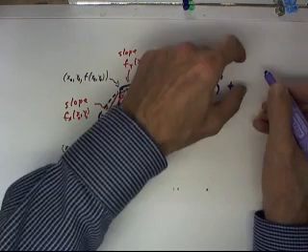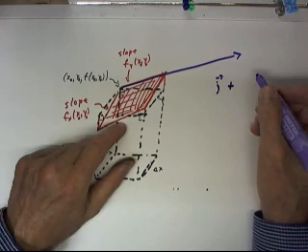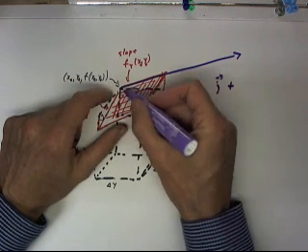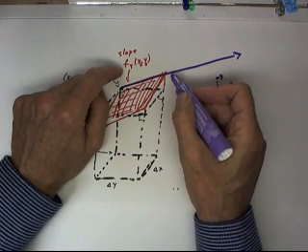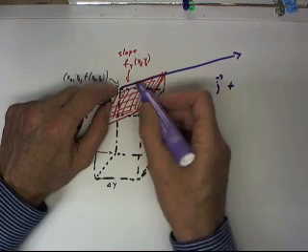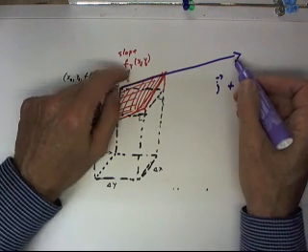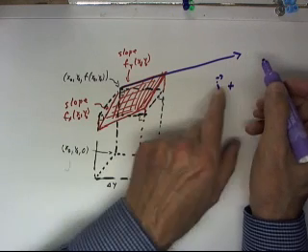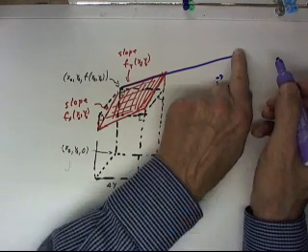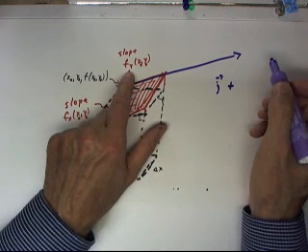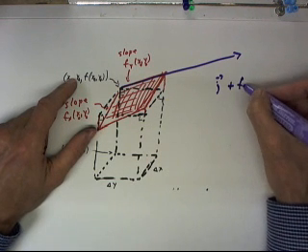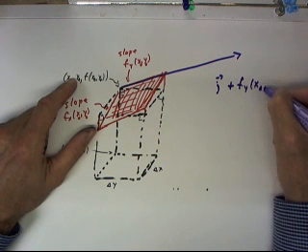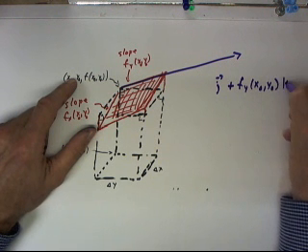And then what's the rise going to have to be? If you think about it a little bit, the rise over run of this triangle is the slope fy. So the slope of this vector is going to be fy, meaning if you move 1 unit in the j direction, you're going to have to move up fy times 1 unit, so that this vector is fy of x naught, y naught times k.